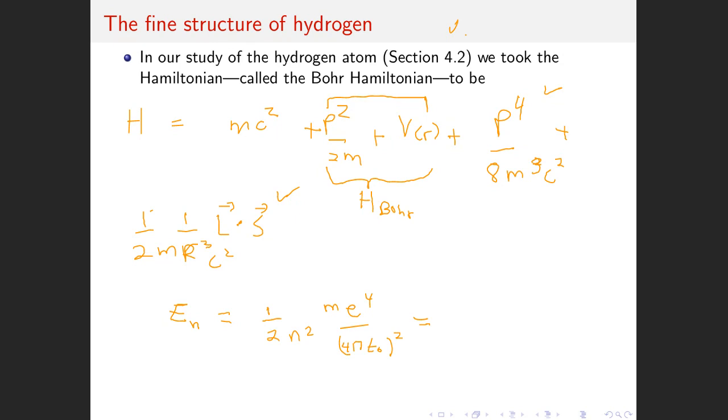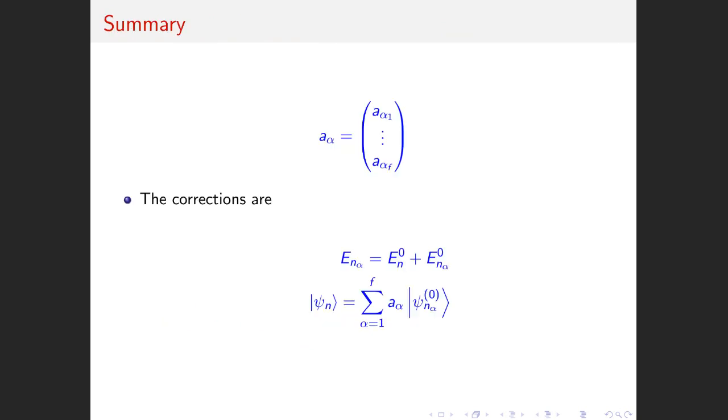Which you can write, I think, as being of order alpha squared. Now, what is alpha? Let me define what alpha is.